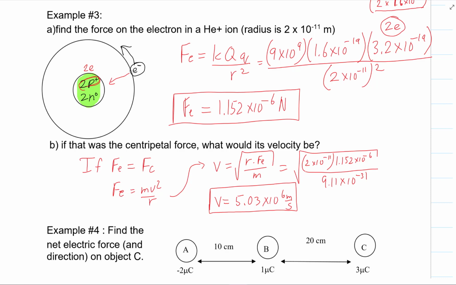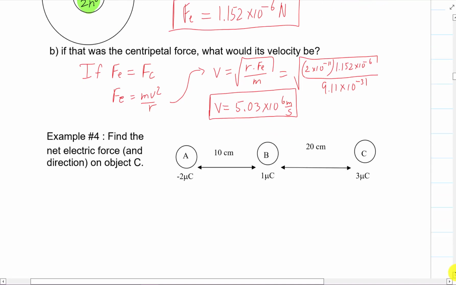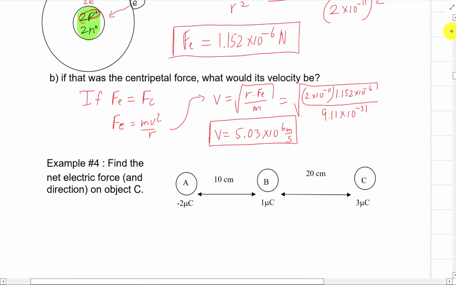Last but not least, let's take a look at example number 4. Find the net electric force on object C. So I want to find out what the net force is on C. C is 3 microcoulombs.